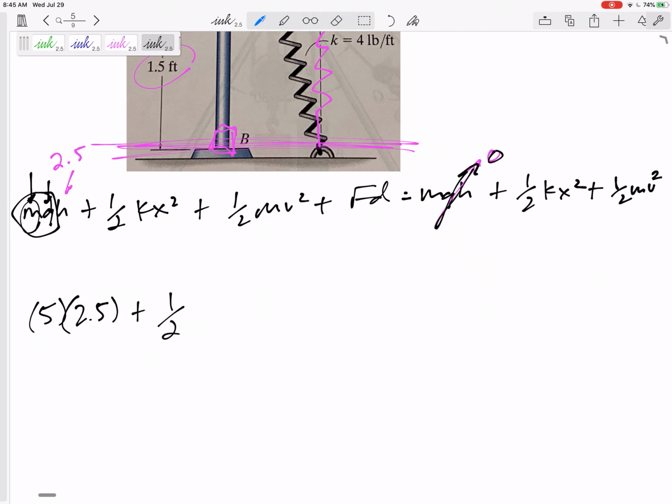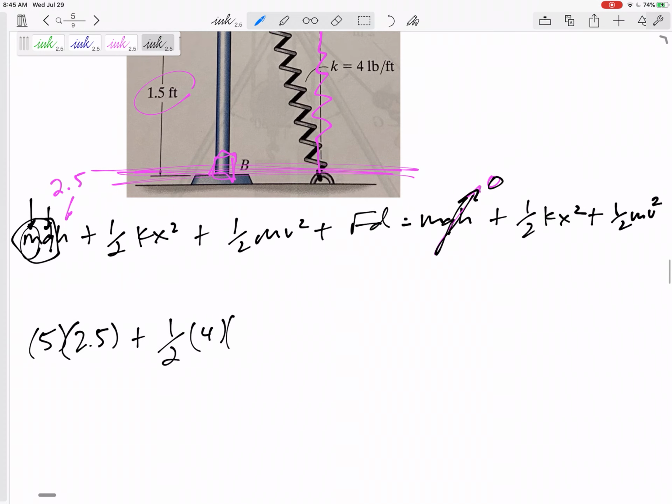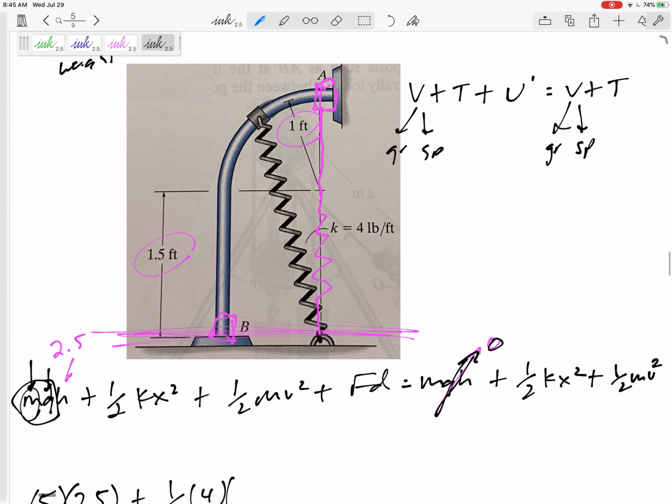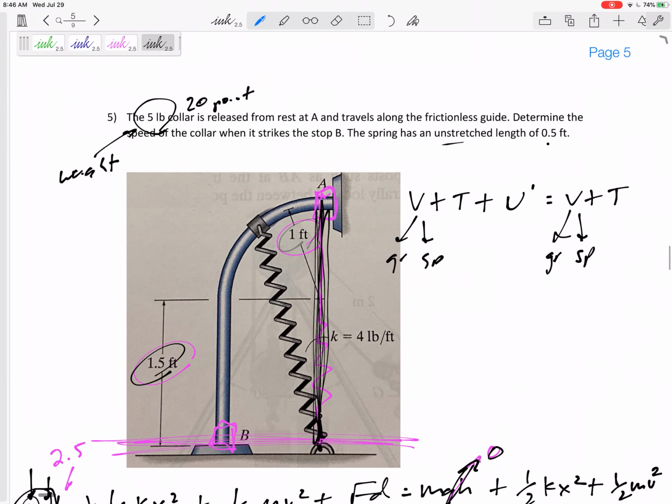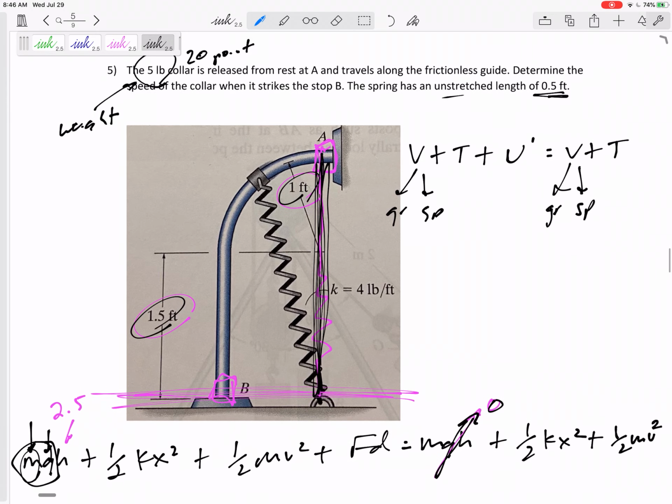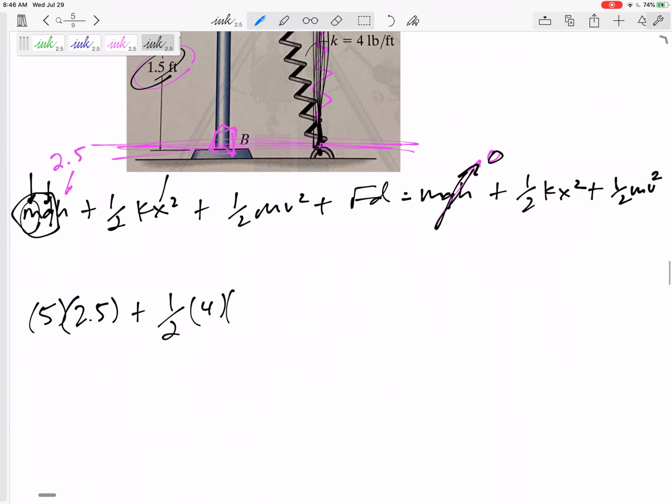All right, the spring, 1/2 k x squared. Remember, x is not the length of the spring. x is the amount of stretch or compression of the spring. But what is the length of the spring? When it is right here, the length of the spring is 2.5. Its unstretched length is 0.5. So how much is it being stretched? 2 feet.